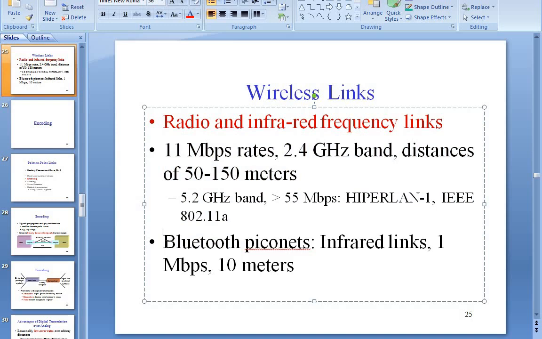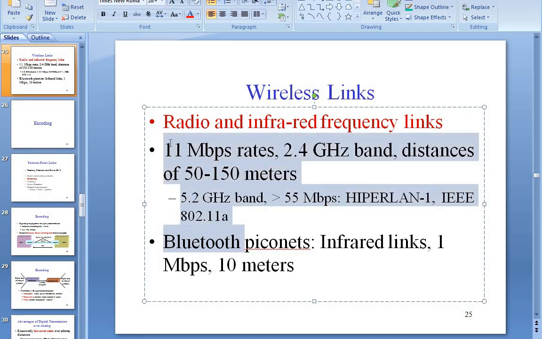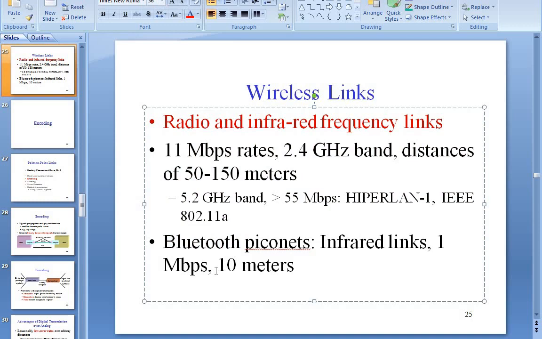We also have choices for Bluetooth, which is commonly used these days, and we have multiple choices in Bluetooth as well. Currently Bluetooth 5 is available. We also have infrared, but the distance between the nodes might be comparatively less as compared to Wi-Fi.